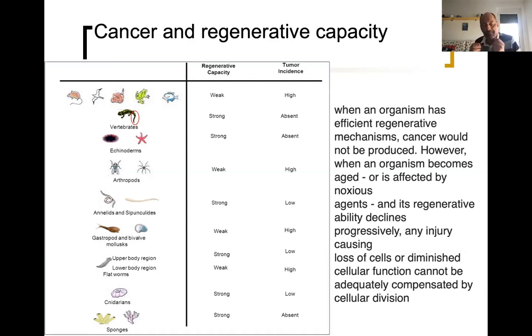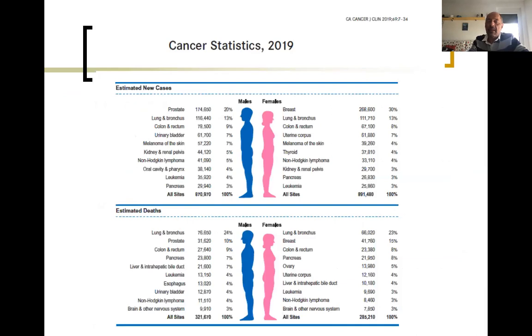So normal cell division can compensate and prevent the development of cancer at young age, but not at late age. This is now the statistics.